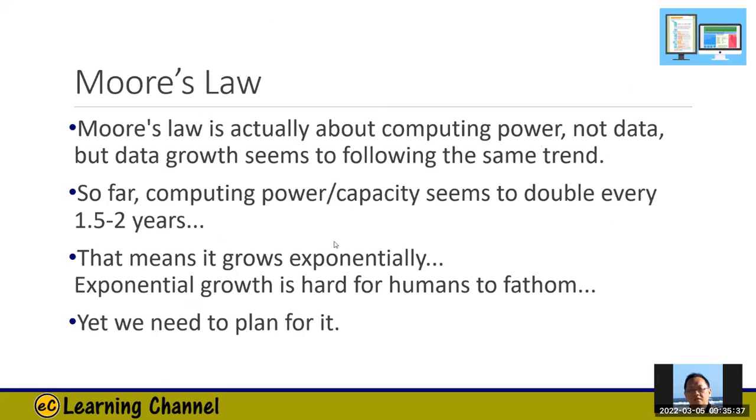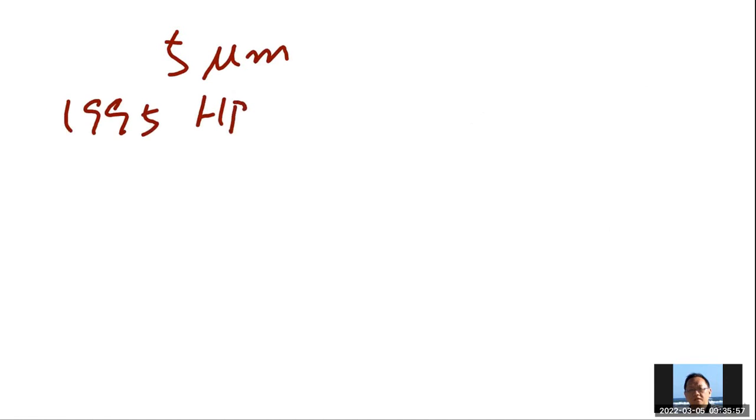This has been so interesting. In the year 1995, when I was in the PhD program working on AI, we were working on the so-called 5-micron technology, HP process.